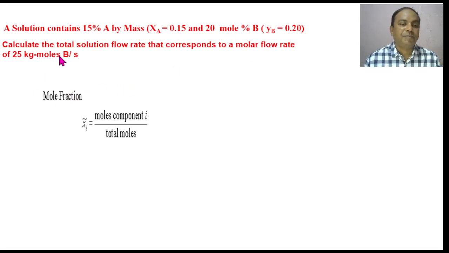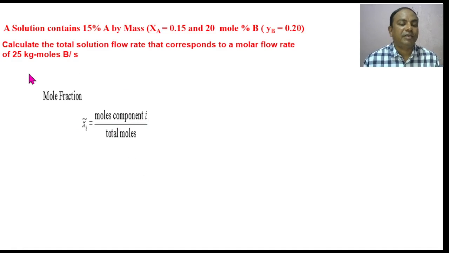We are using mole fraction because we need the total solution flow rate that contains 25 kg moles of B. So we should focus on the mole percent of B. The formula is mole fraction equal to moles of that constituent B divided by total moles.